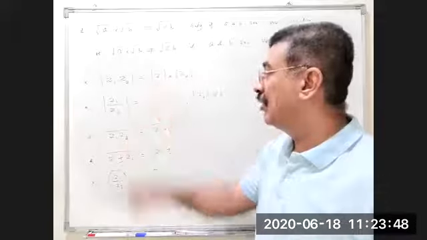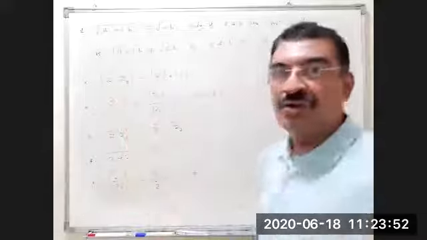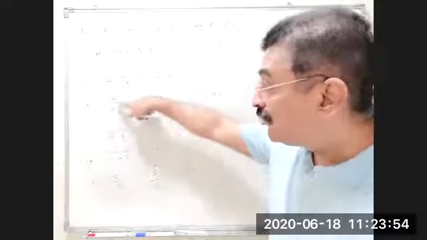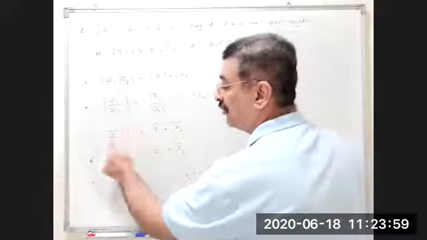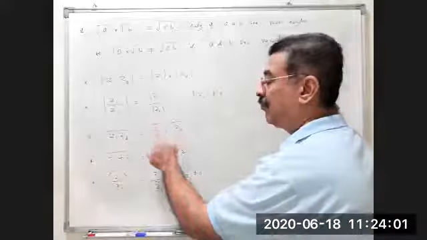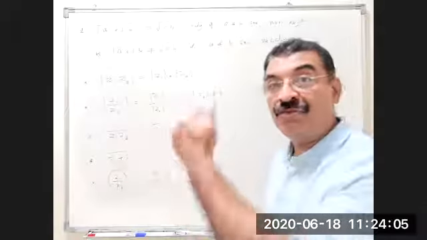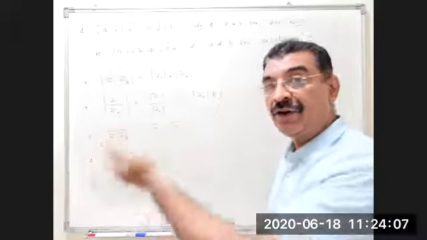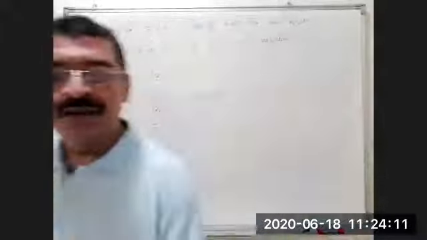Similarly here, the modulus of the quotient of two complex numbers. Here, the conjugate of the product is the product of their conjugates. Just remember those things.